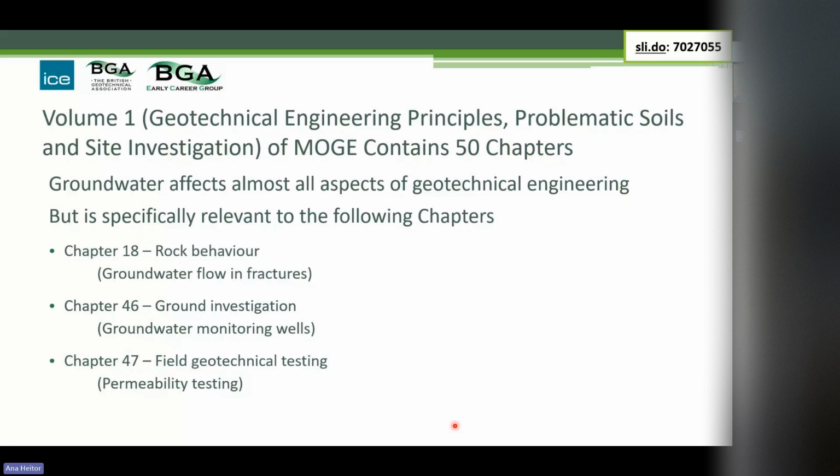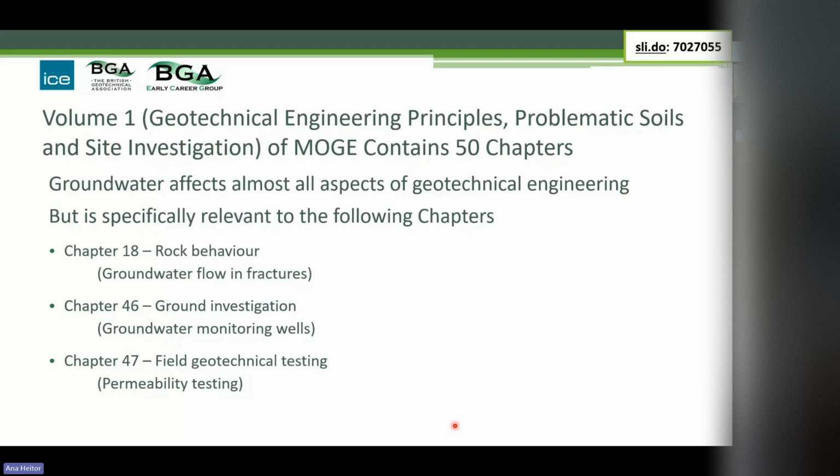The chapter on ground investigation is relevant, and I'm going to talk in a minute about groundwater monitoring wells, because determining groundwater levels is pretty important. And then also, we've talked about permeability, and we need to try and determine that permeability in some ways. And chapter 47 deals with field geotechnical testing, including permeability testing.